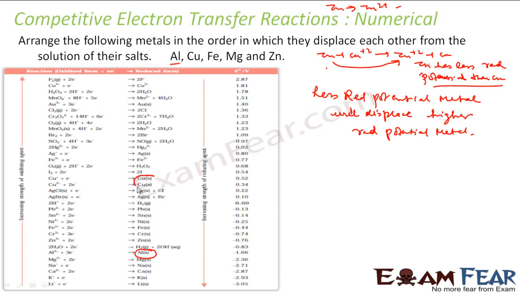So we have copper in this position. Then we have iron. Iron is this position. And then we have Mg.